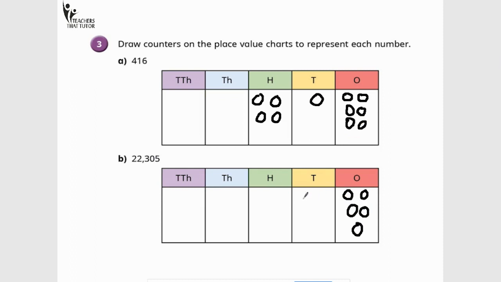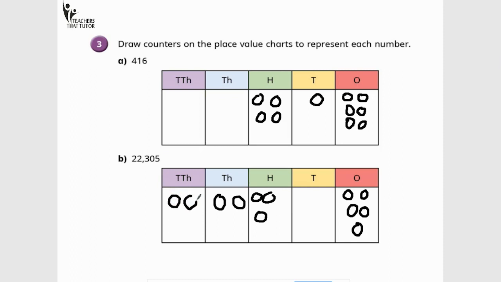This time we've got 5 in the ones column. We've got 0 in the tens column, so we can leave that blank because we don't want to draw any counters in there if there's no value in that column. We have got 3 in the hundreds column though. And we've got 2 in the thousands, so 2 counters in there. And we've got 2 in the tens of thousands.